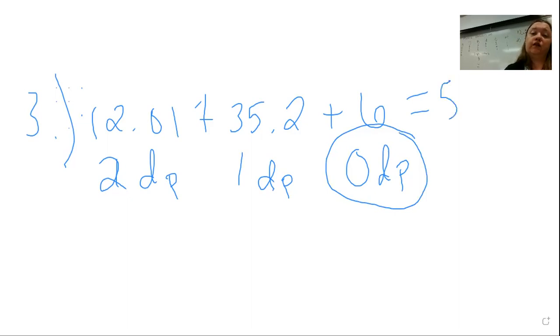So we get 53.21 in our calculator. We have to round to 0 decimal places, so we have to round to the whole number. So 53.21, we look at the 3, the number after the 3 is a 2, so we keep it as 53.